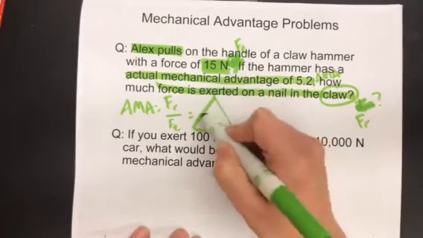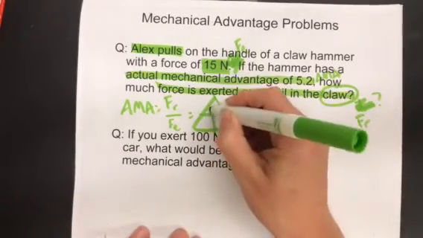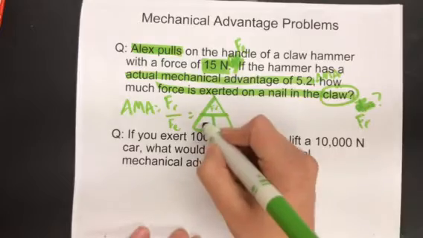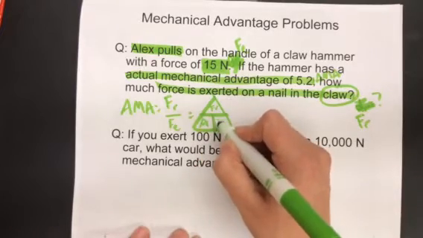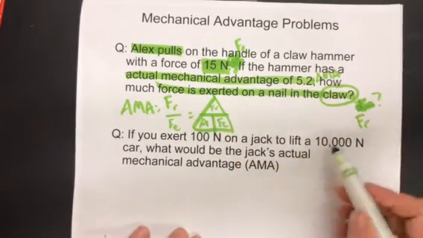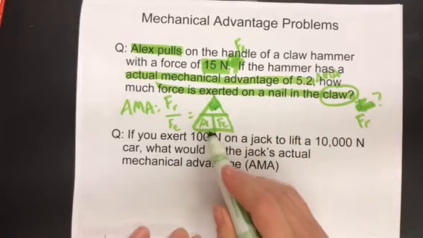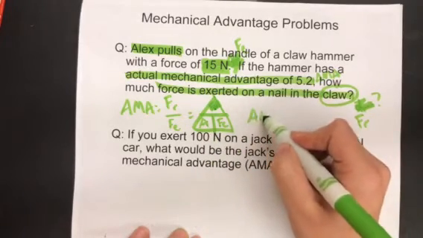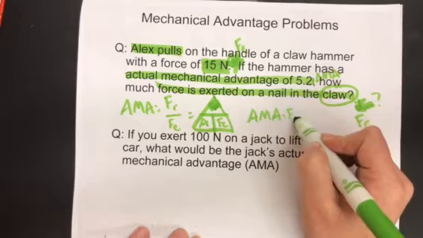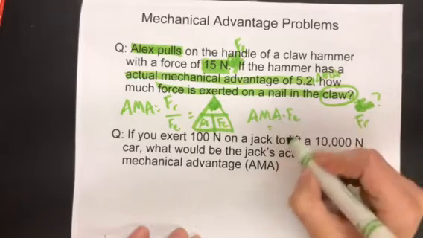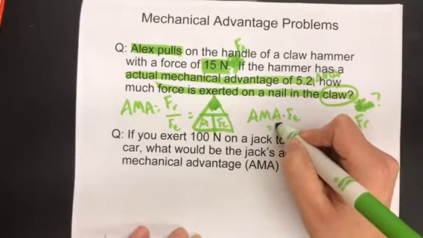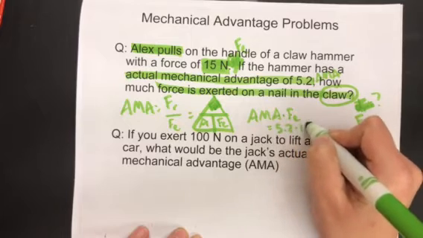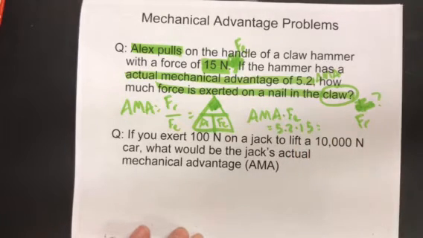So if you were to draw the triangle for this, FR is already on top, so it goes on top. AMA and FE on the bottom. You're looking for FR, so you're going to do the AMA times FE. So you're going to do 5.2 times 15, which is 78.